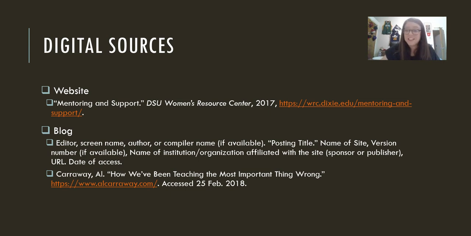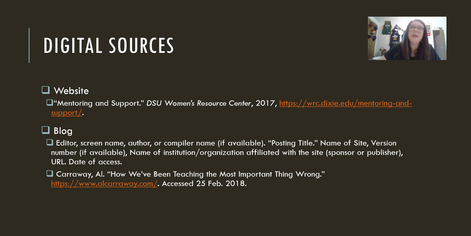Okay, so returning back to digital sources, when we think about a website, the first thing that we'll want to include, there are no authors identified on this page. And so since we don't have the author's name provided, we just go straight to the next bit of information, and that would be the title of the page itself. So mentoring and support.